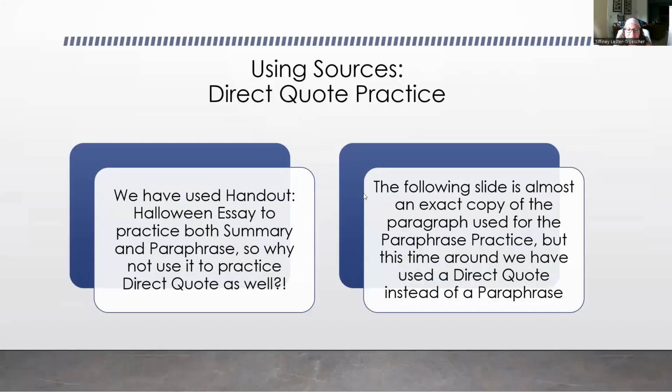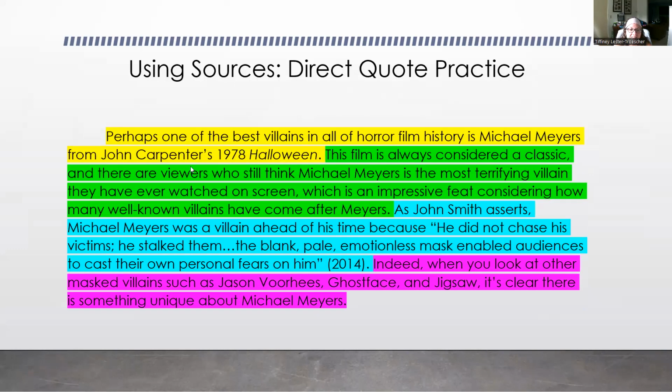All right. So we're going to look again at our Halloween essay and see how we could use something from that as direct quote source material. Again, we're going back to Michael Myers being the villain.